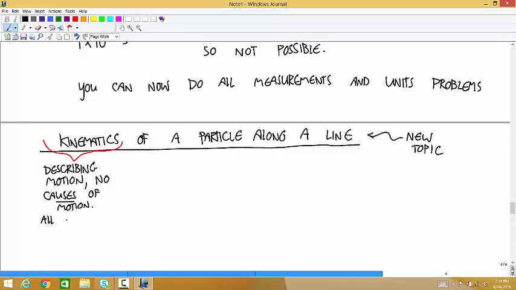So all kinematic quantities could be measured from a video.